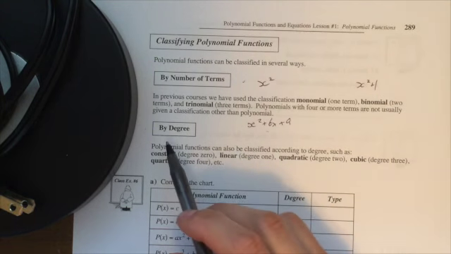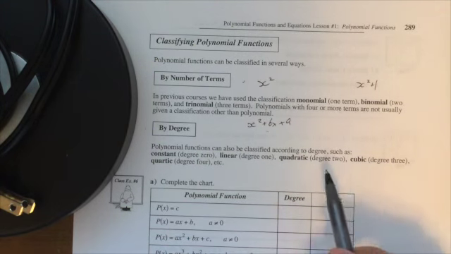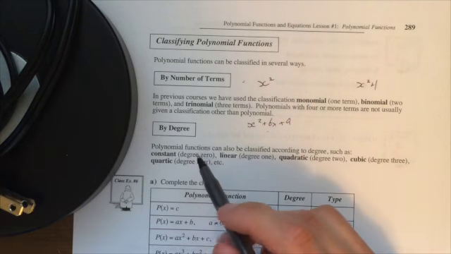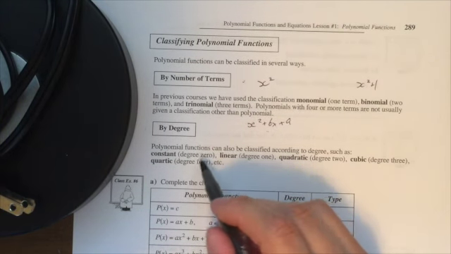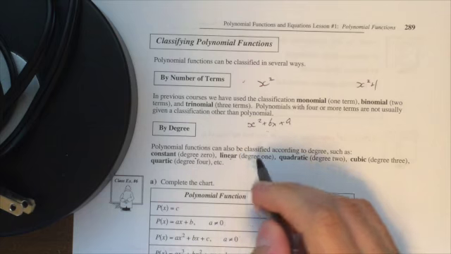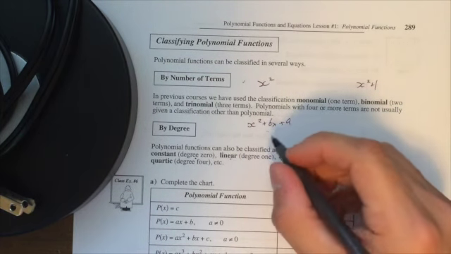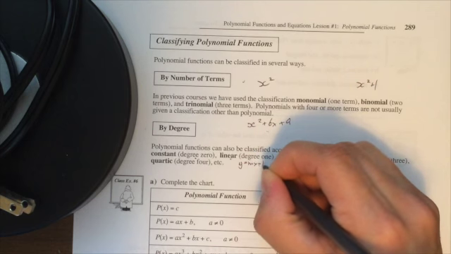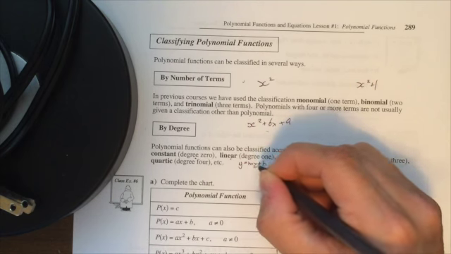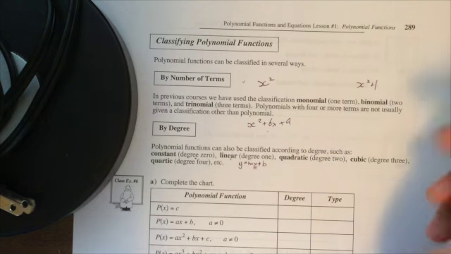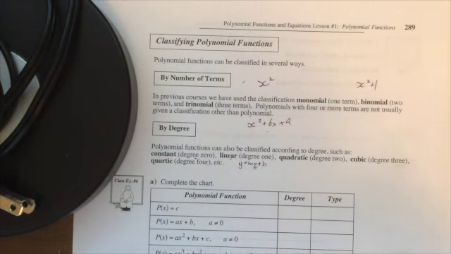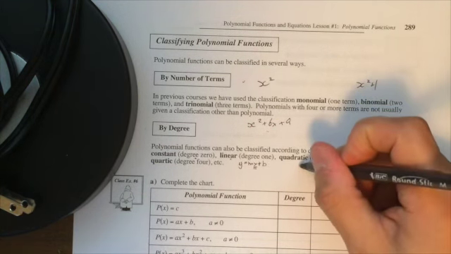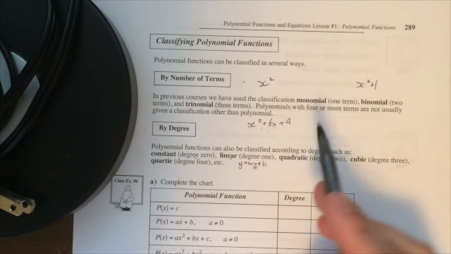Another way we can do that is by degree. If I have a constant term, remember in the last example, that had a degree of 0. If it was linear, it will have a degree of 1. So one really common one is y equals mx plus b. If you look at that, your x value there has a degree of 1. Quadratic, well, we looked at those already. So above, that's a degree of 2.